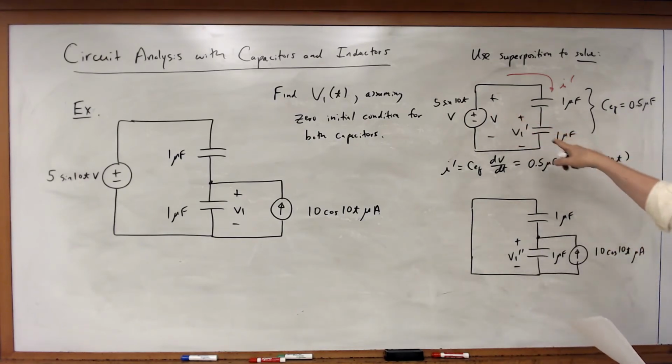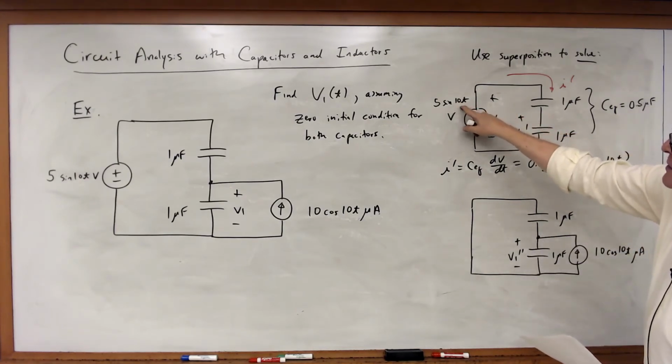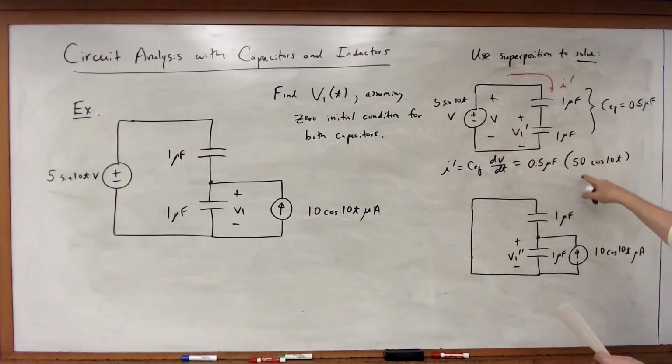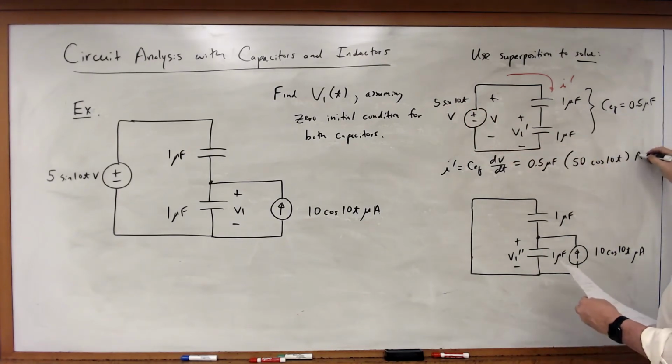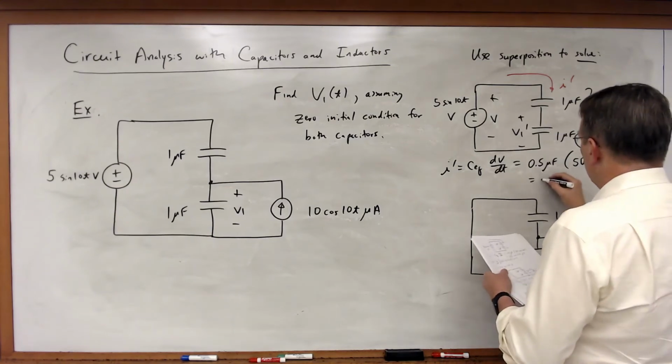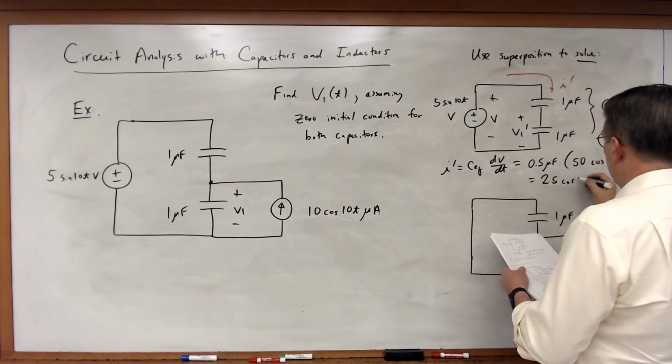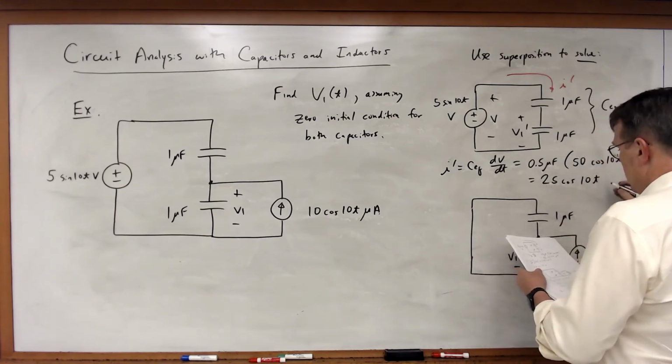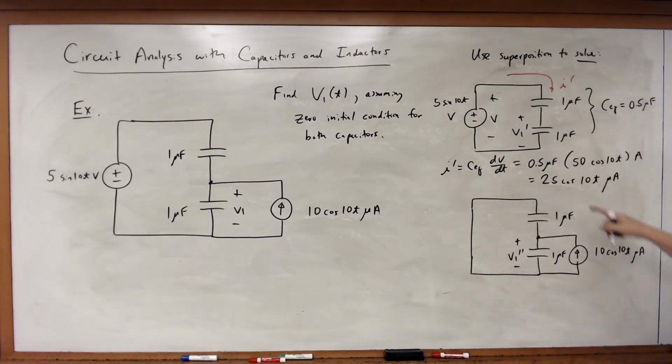When I take the derivative, sine goes to cosine, 10 times 5 is 50, and that's my current in amps. This will be equal to 25 times cosine 10t microamps when I multiply through.